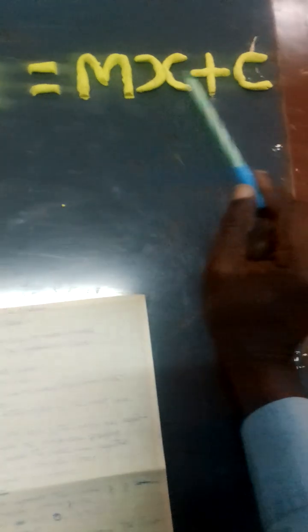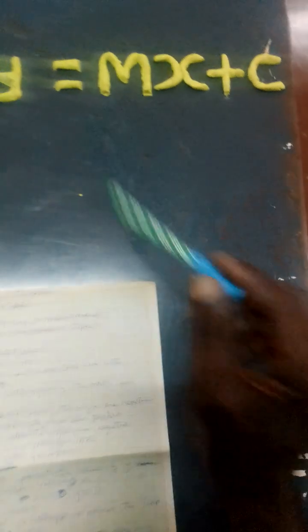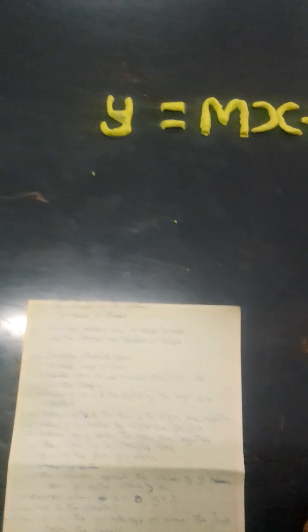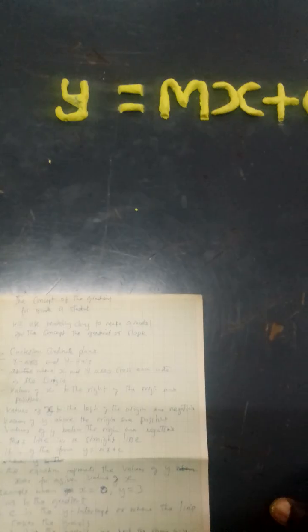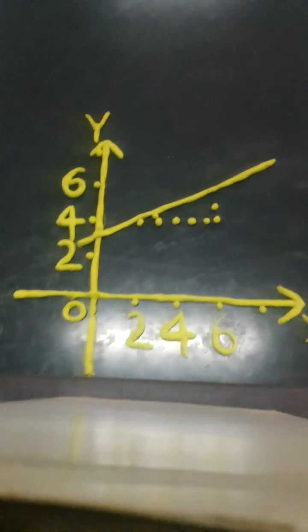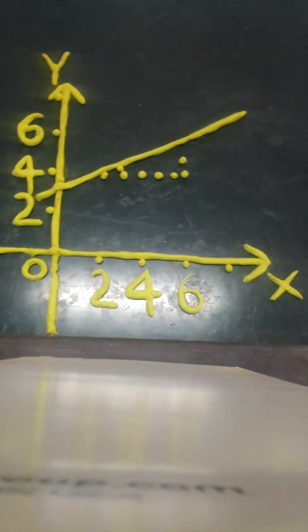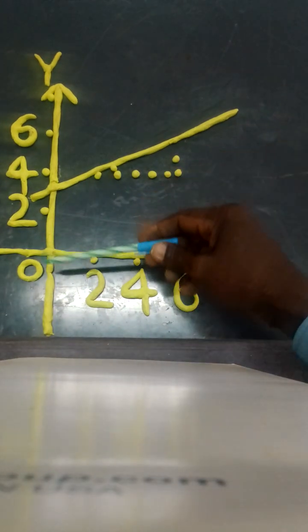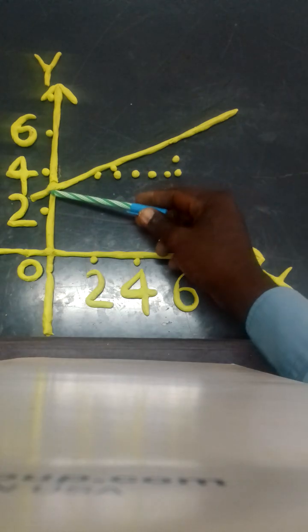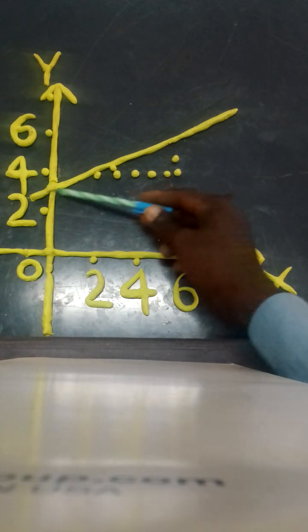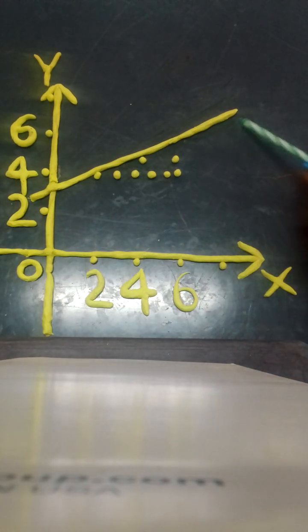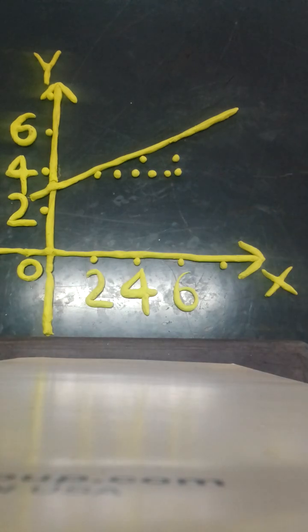How do you explain the y-intercept? It is actually the value of y when x is 0. That is where the line crosses the y-axis. When x is 0, y is 3. That is our y-intercept where the line crosses the y-axis.